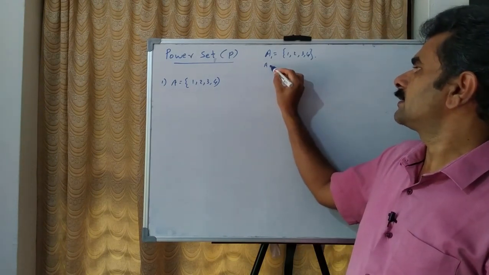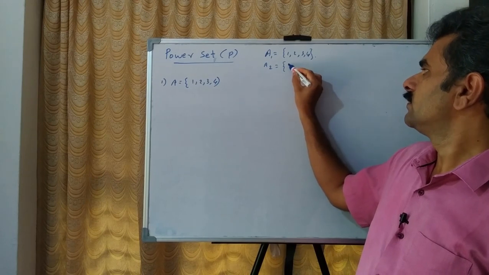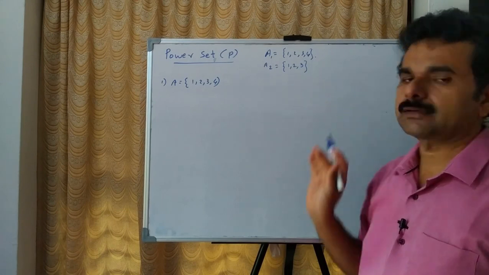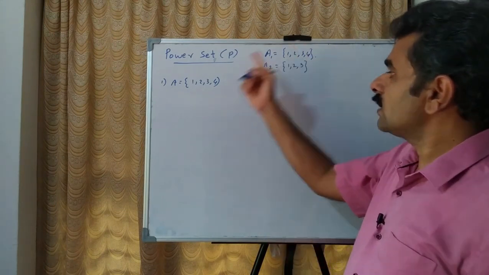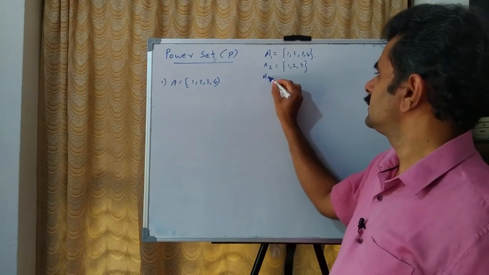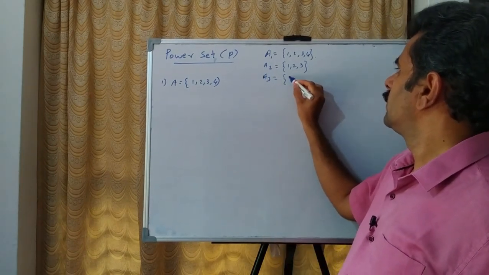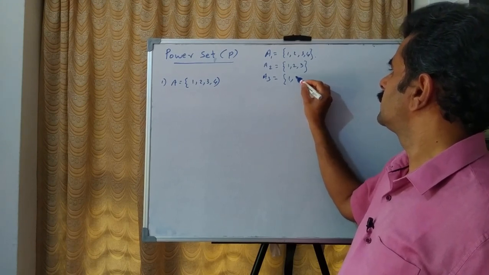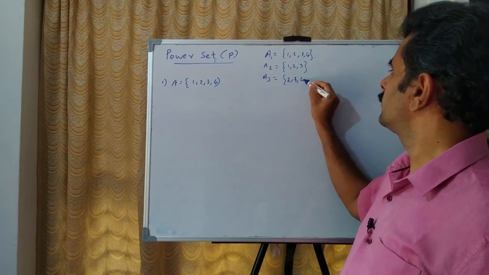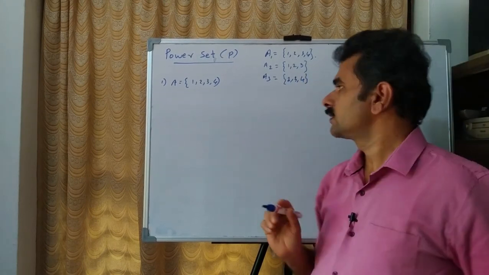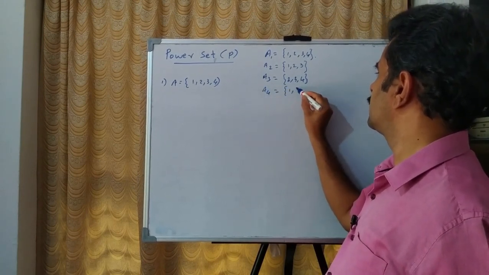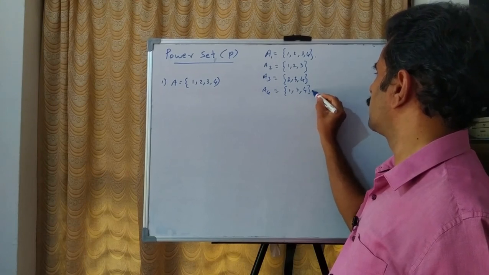Then another subset, A2: {1, 2, 3}. It is another subset. So I am listing out all the subsets of this A. What is A3? {2, 3, 4}. It is another subset. A4 is equal to the set {1, 3, 4}.